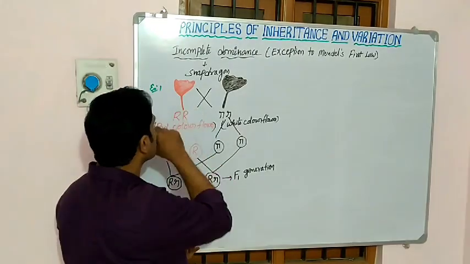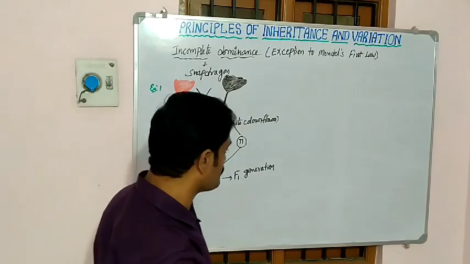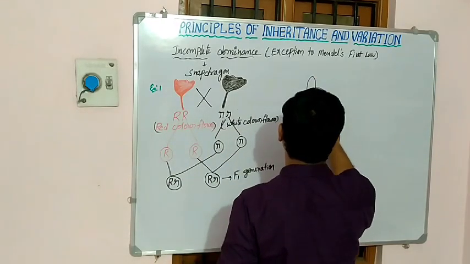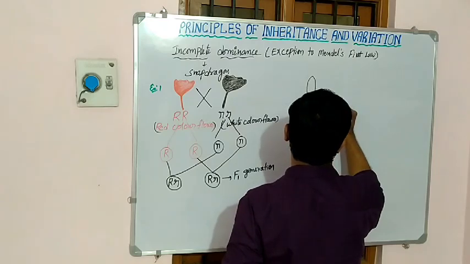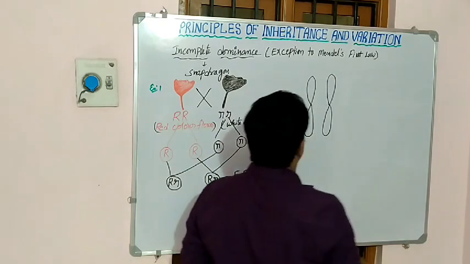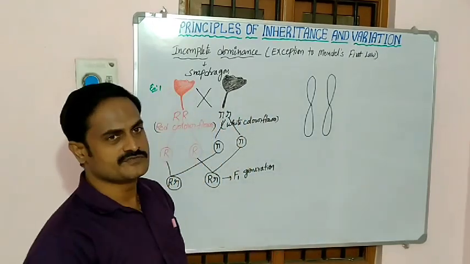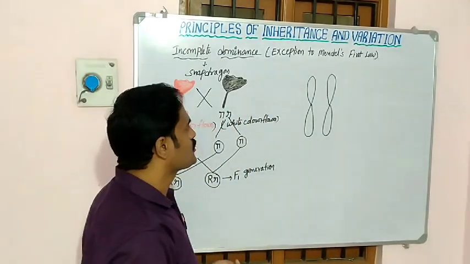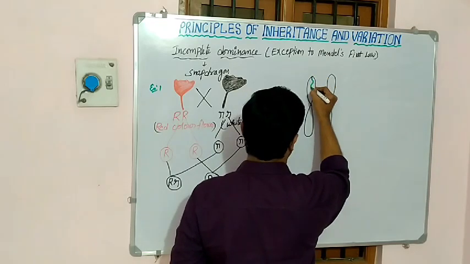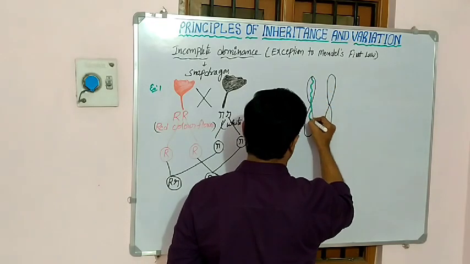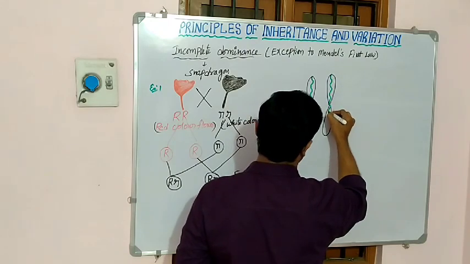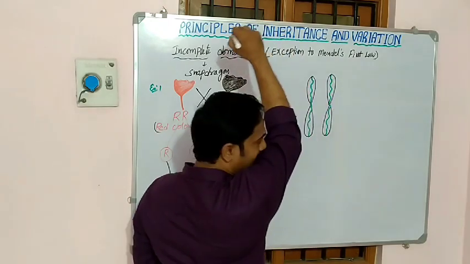So we will take the chromosomes. What kind of chromosomes are present? See, these are the chromosomes. Inside the chromosome there is a double-stranded DNA like this. This is the double-stranded DNA. Here also double-stranded DNA.